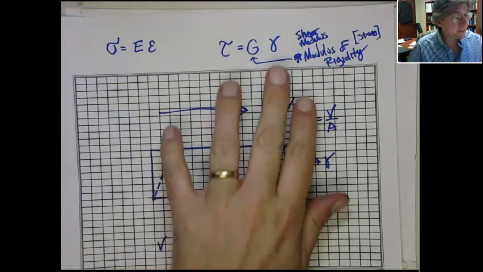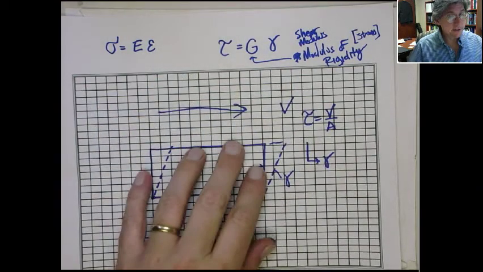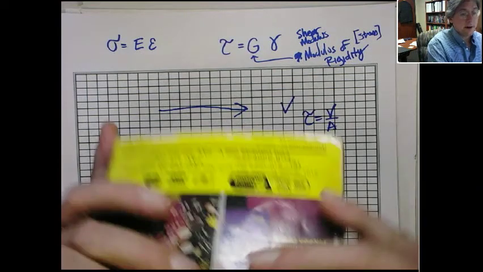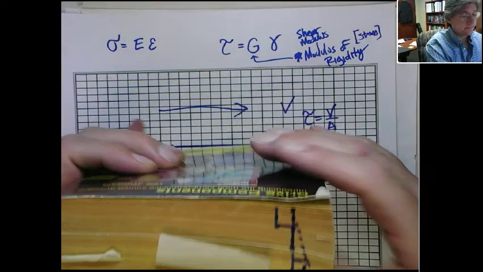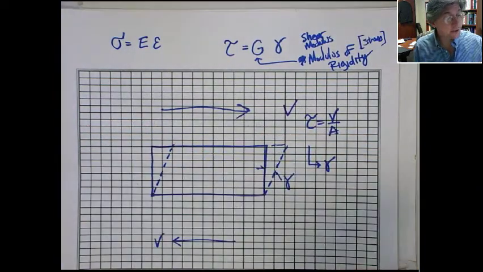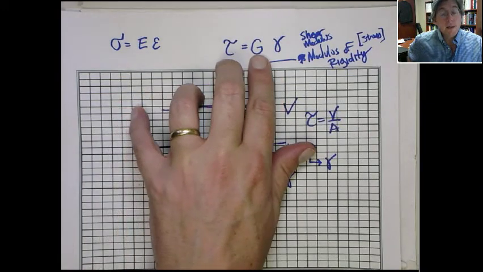So again, the way the problems typically go, maybe you're given geometry, so you're given V, and then the area that V acts on, the area of the book cover. Then you can figure out the shear stress. You can look up G for most materials on the last page of the text.